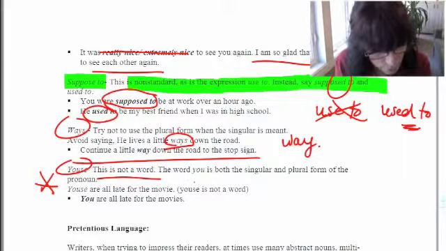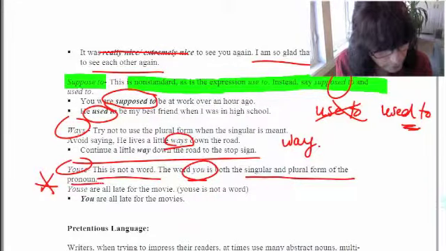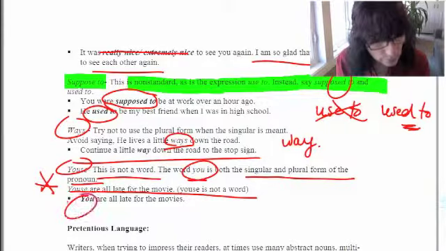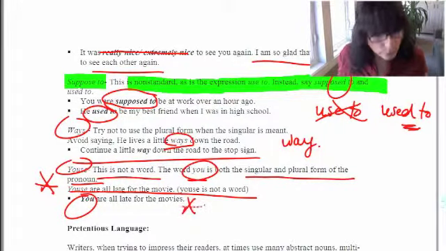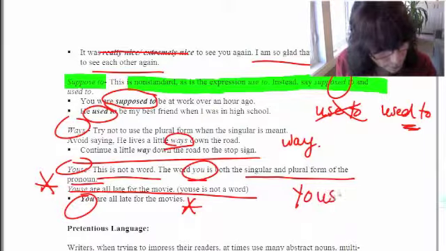So youse isn't even a word. The word you is both singular and plural. Youse are all late for the movies would be incorrect. You would just simply say you are all late for the movies. So if you're referring to one person, you, it's the same as the plural you. So avoid using the word youse.